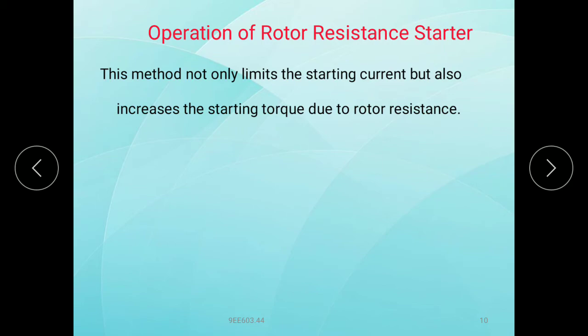And in auto transformer starter, the torque is reduced x square times when the supply voltage is reduced x times. But here the starting torque is increased due to rotor resistance.